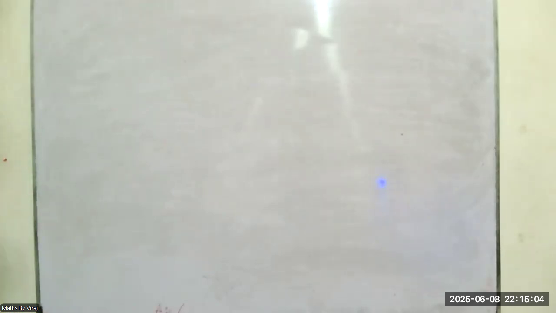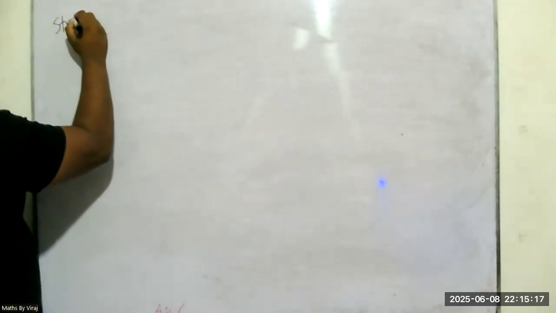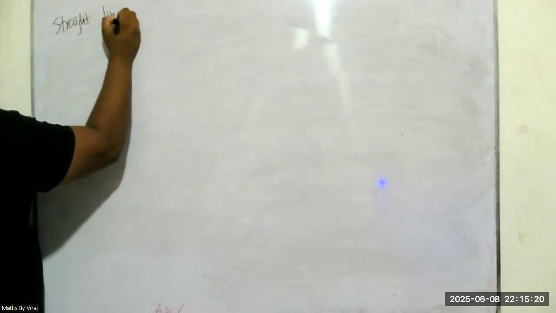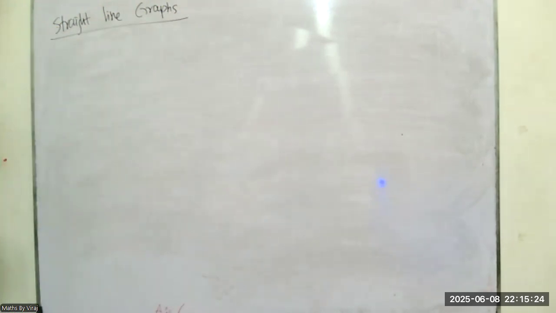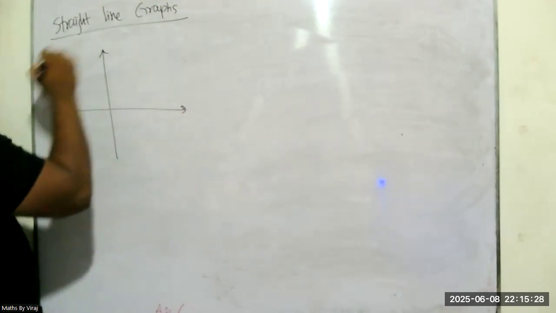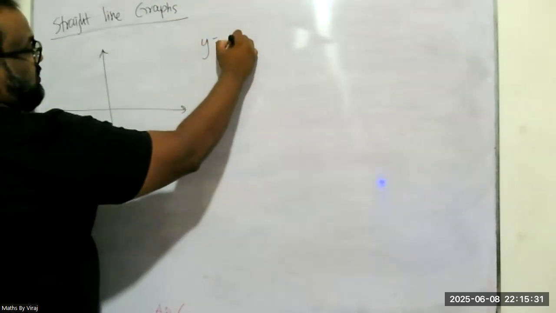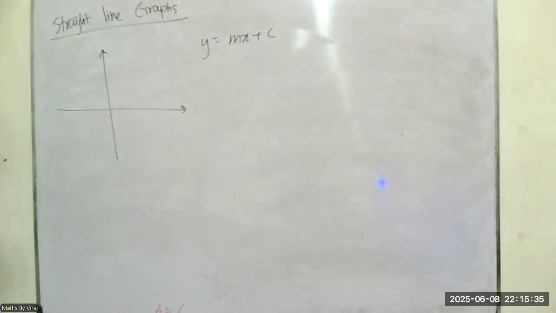Now, if I draw this particular graph, let's see what you would understand. Now you want to do distance time graphs, right? Straight line graphs. In straight line graphs, what we understand is that let's assume that y is equal to mx plus c is our general equation.